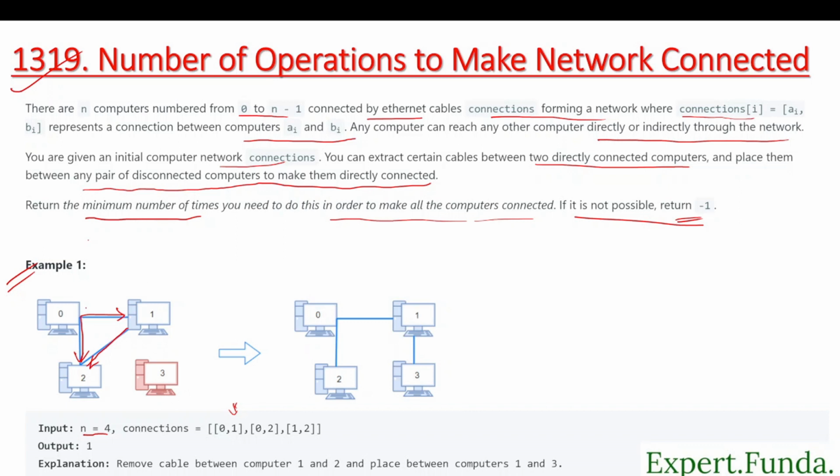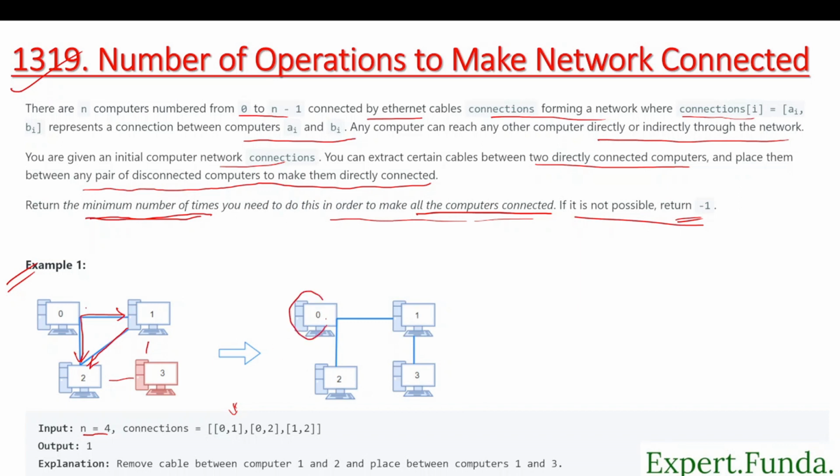So what we have to do is return the minimum number of times you need to do this in order to make all the computers connected. How many connections are required? If I connect either from here or from here, only one connection is required to connect all the computers.